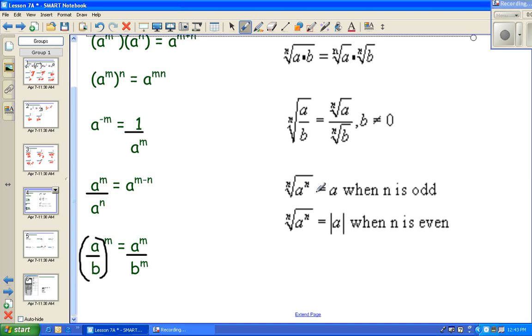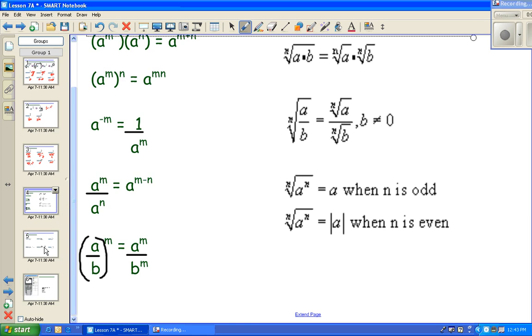So an nth root of something to the nth power does cancel out. If your nth root is an odd root, it'll be whatever you see. But if it's an even root, like a square root or a 4th root, you need to make sure that it's the absolute value, because you're not sure if the negative 2 times a negative 2 was a positive 4, or a positive 2 times a positive 2 was the positive 4. So if we do the absolute value, that covers all the bases for that.